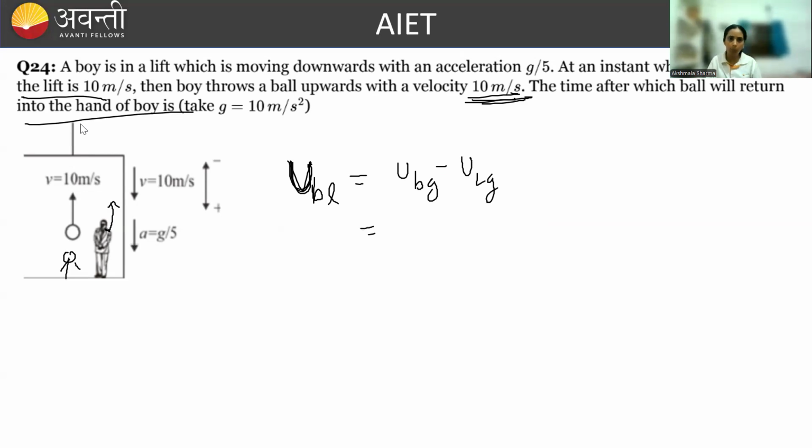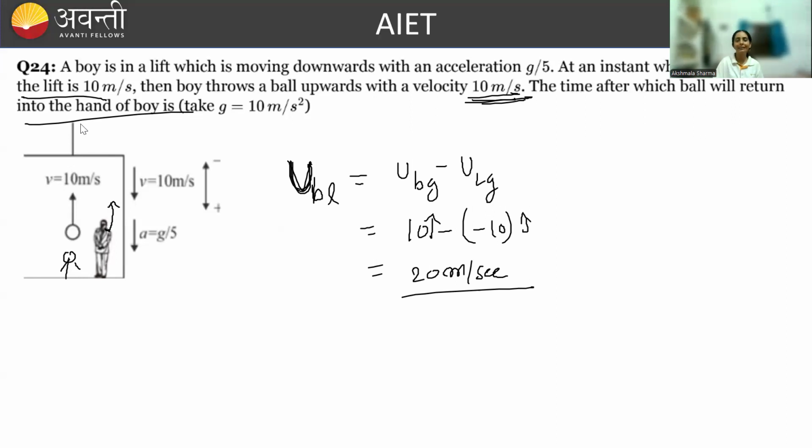So velocity of ball with respect to ground is how much? It is 10 meter per second in the upward direction minus lift का speed is how much? 10 meter per second in the downward direction. So this will become minus minus 10. So this is 20 meter per second in the upward direction. Okay? Because this was your j cap, this is your minus j. So this is 10 plus 10, 20 j cap. That is in upward sense.